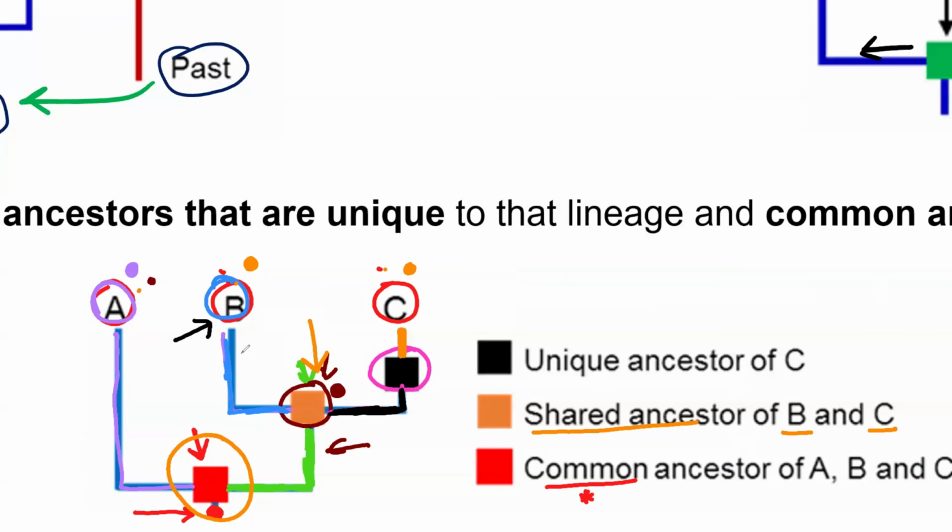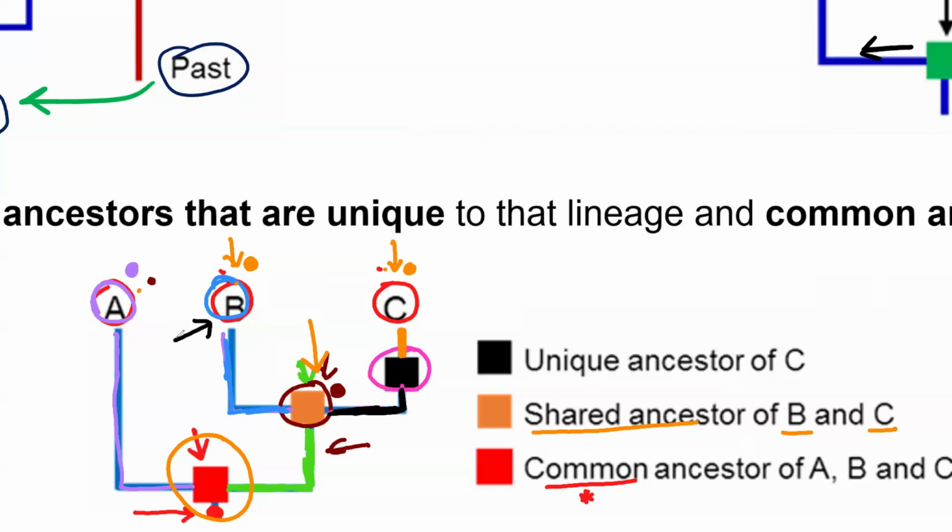You and your siblings are sharing what? You are sharing the same parent. So it's a shared ancestor. In this context, when we look at the descendant B and the descendant C, they are sharing this ancestor, the one painted in brown. It's a shared ancestor of B and C. All of them are coming from it.